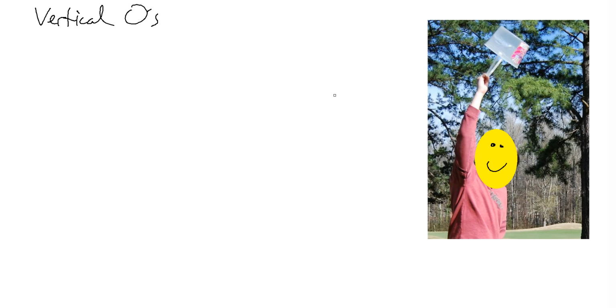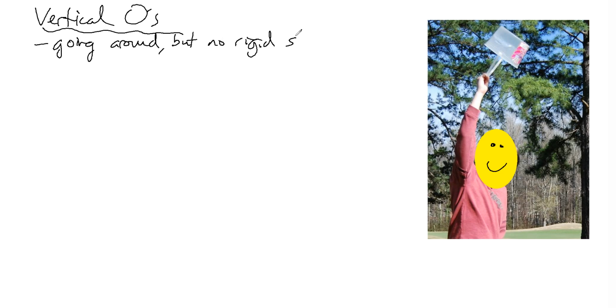Vertical circles are still circular motion, but there are some special things that we can look at in terms of location and what's going on at different parts of the circular path. So we're going to look at vertical circles, going around, obviously, but with no rigid structure holding it.